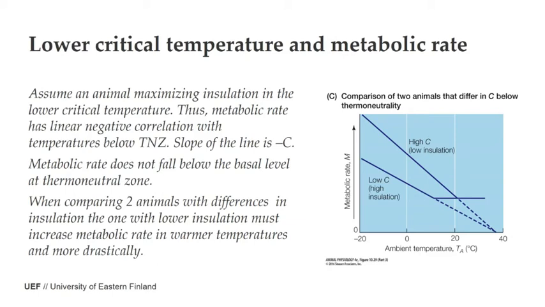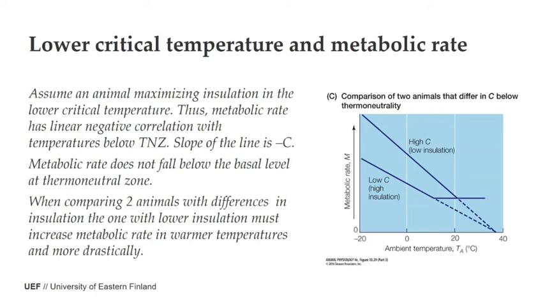the insulation layer is not only affecting that you need more metabolic rate to be active in cold temperatures. It also affects how well you can tolerate the thermoneutral zone with your insulation layer. So it limits the temperatures.